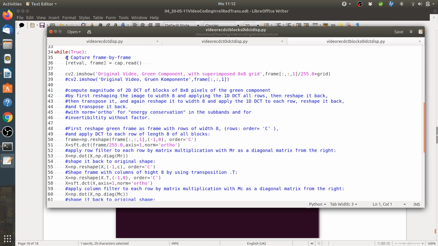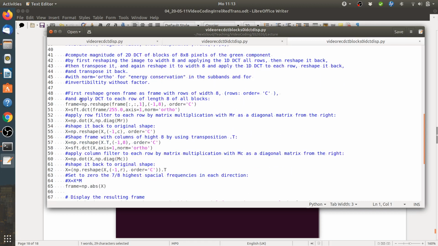And here I have my infinite loop, again reading from my camera, displaying the green component, and now I'm applying the DCT, but to those blocks. To apply the DCT to the blocks, I could use two for loops, but for loops are rather slow in Python, and I want a real-time video demo, so I want something fast.